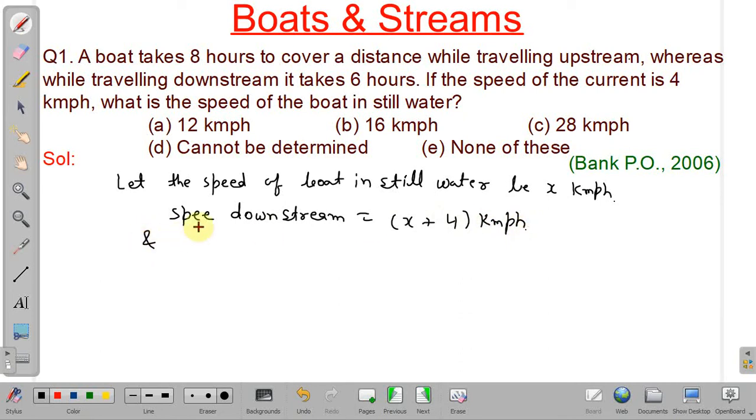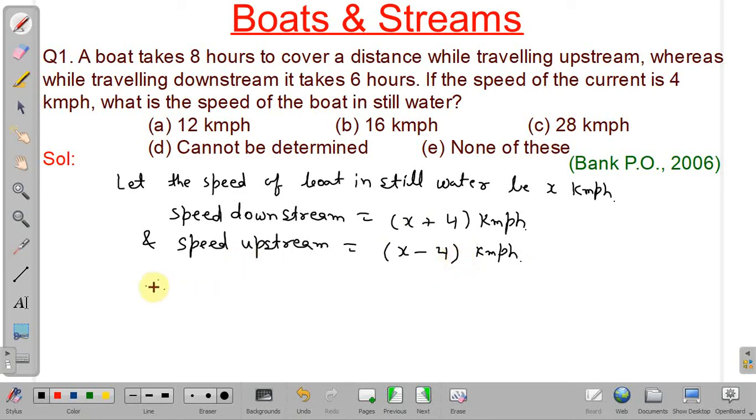Similarly, we can calculate speed in upstream direction. Therefore, speed upstream will be equal to speed of boat minus speed of stream. So x minus 4 kilometer per hour. Now distance in both the directions must be equal.